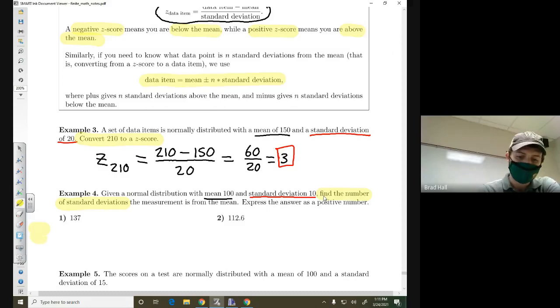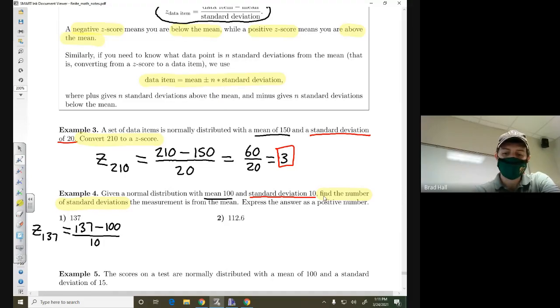So the z-score for 137 is, well, you take 137, you subtract the mean, which is 100, you divide by 10, and from here we get, well, 137 minus 100 is 37, divided by 10 is 3.7.